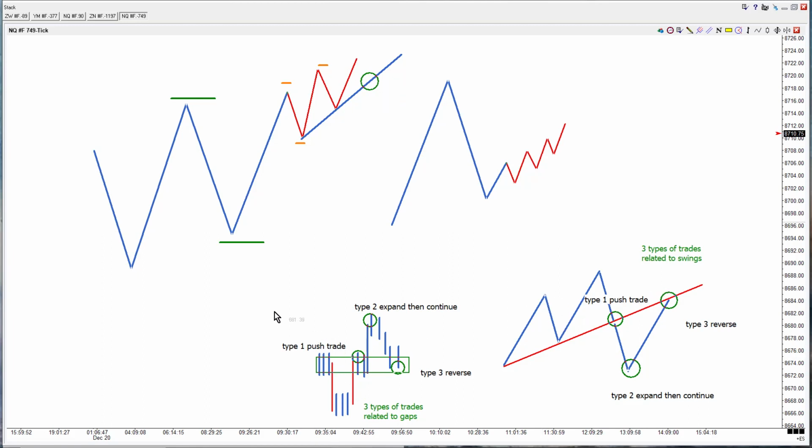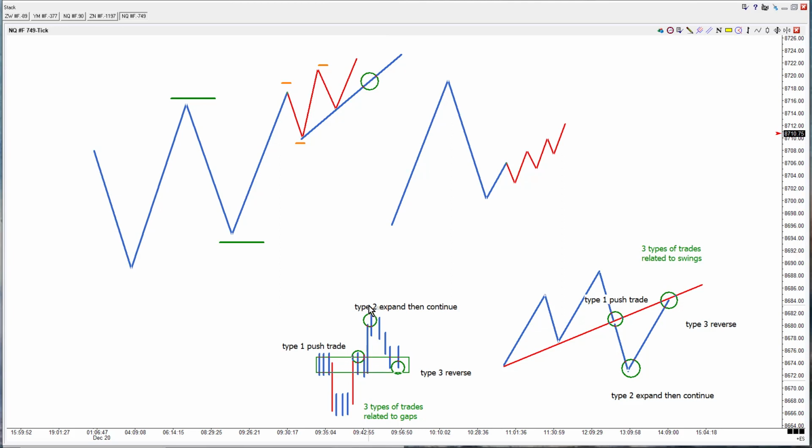So think about the market's coming down, they gap, they come right back to test the gap. If you take this short right here, you're trying to push this market down, right? With the momentum, you're trying to push it down. It's going down. You're trying to push it down. Sometimes it don't want to be pushed.